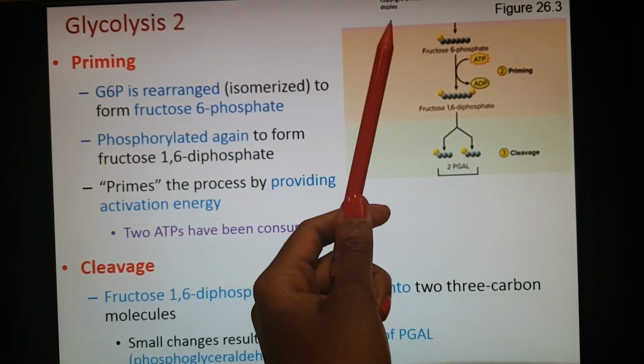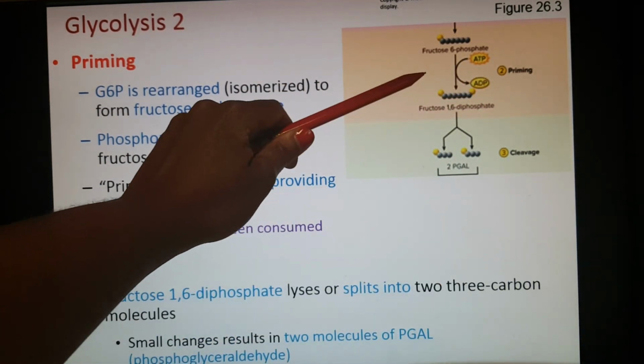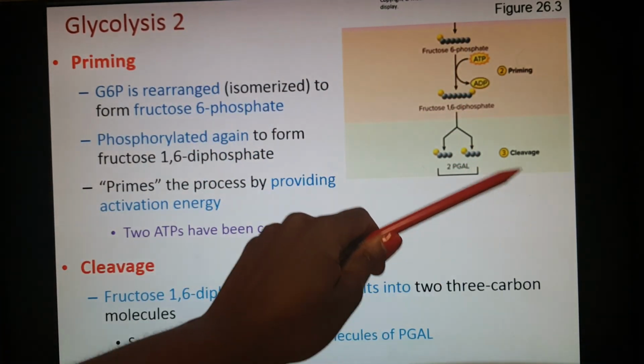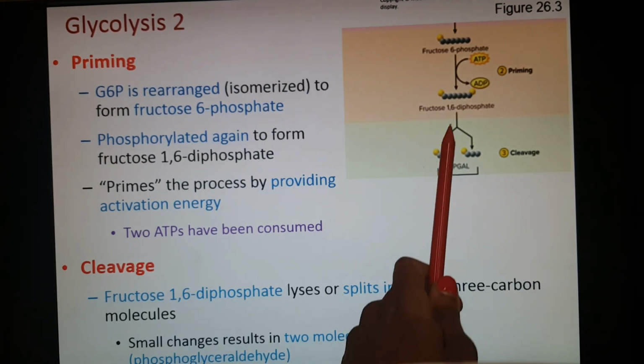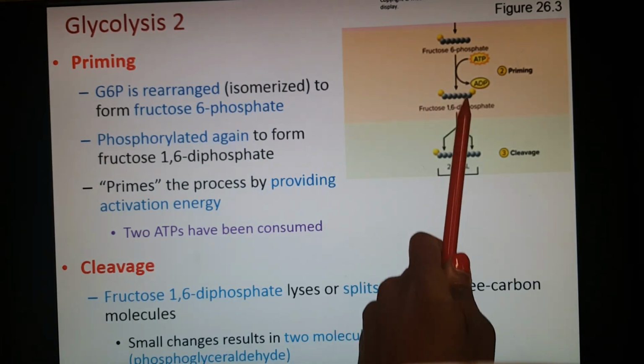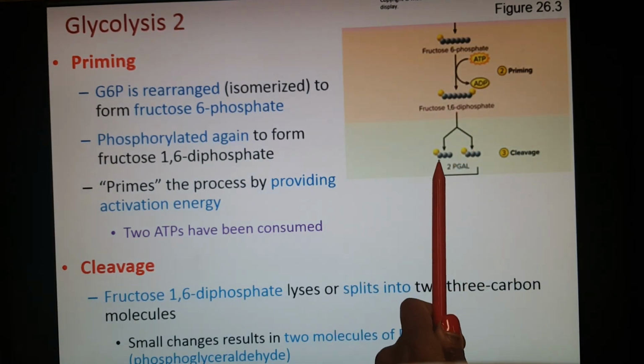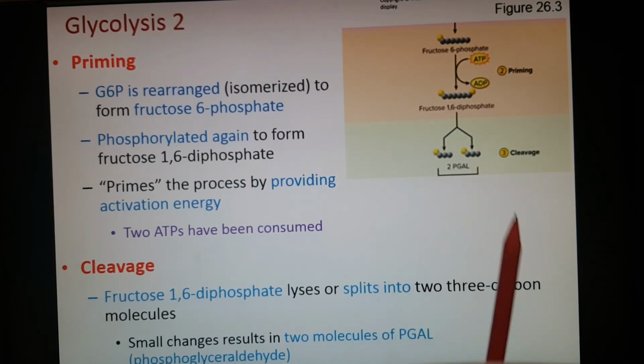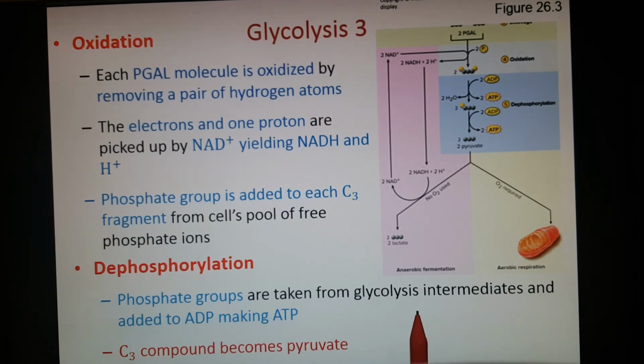There's other steps that happen. You have a priming step, so another phosphorylation using up an ATP. Then this molecule is broken up into 2 different ones. So here we have the precursor to our 2 pyruvate molecules. And then finally, those 2 molecules are dephosphorylated.